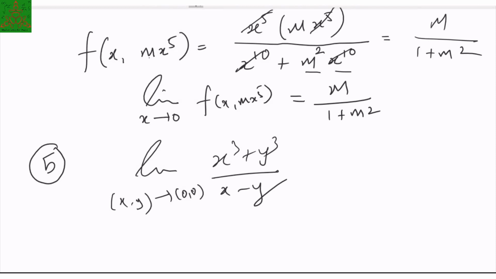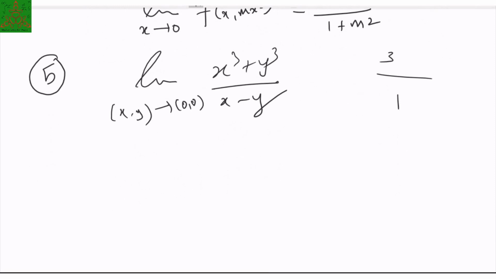Here the numerator has the power 3, the denominator has the power 1. The logic we discussed above does not work here, because here also the limit does not exist, and the path is very tricky.